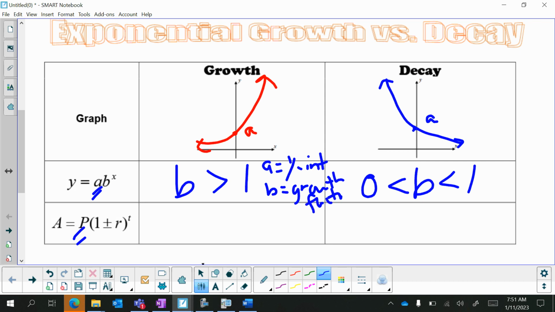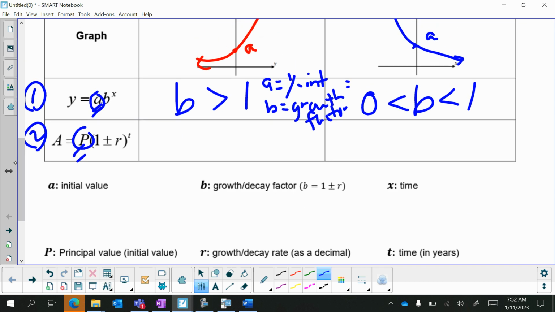And that's the case for both of these, growth and decay. As soon as we translate it to the second equation here, this is equation 1, equation 2, the little a in the front, which is the y-intercept, gets changed to a P. Now that P is what we call the principal amount. So if you look down below, it says P, principal amount. That's another name for initial amount.